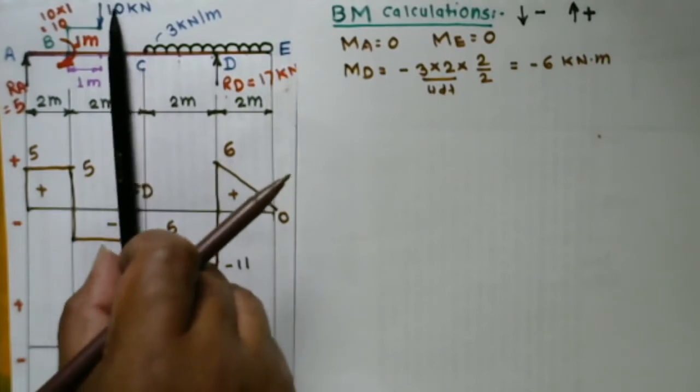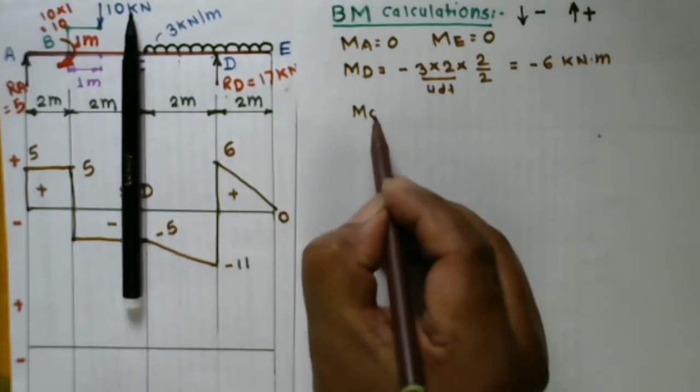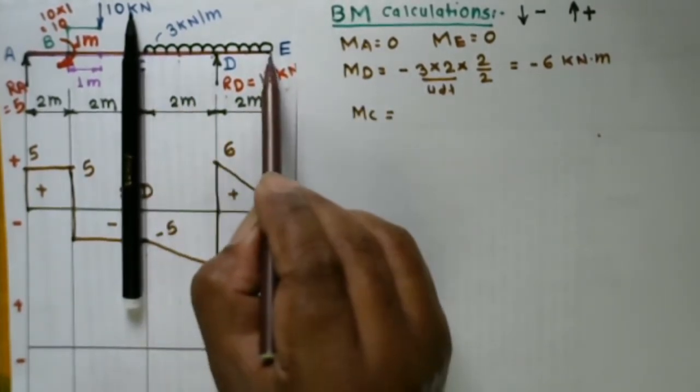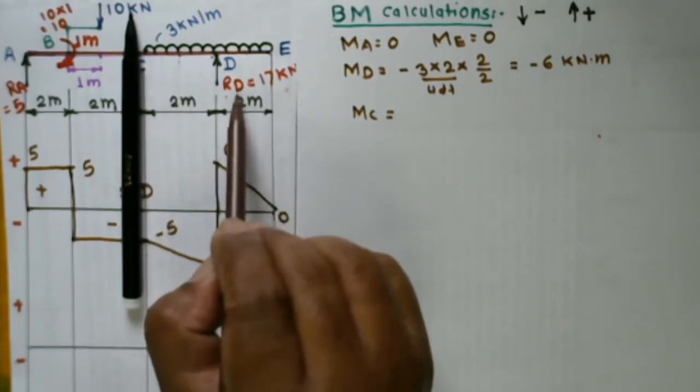Next point is C. We are taking the section at point C. So for bending moment at point C, we have to consider the right hand side, which means span CE only. So we are getting here the UDL as well as one reaction RD.